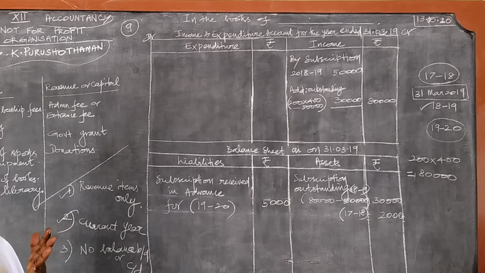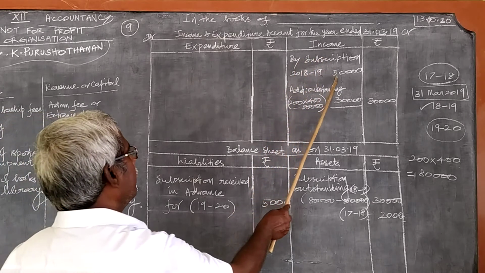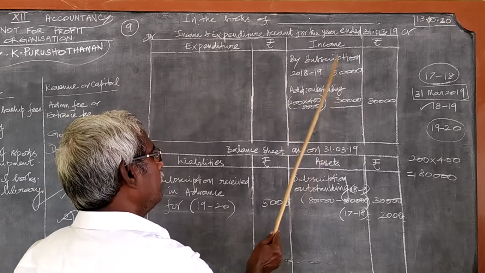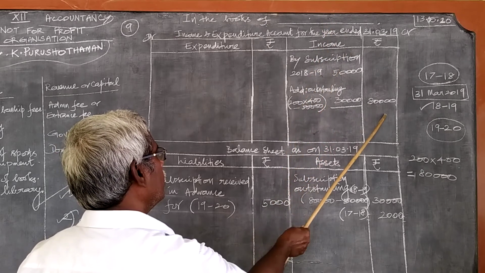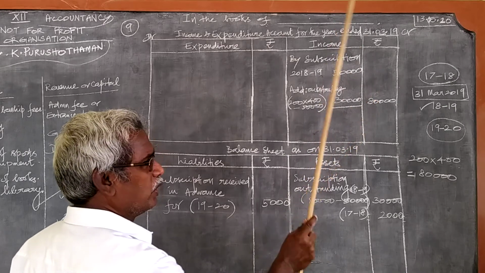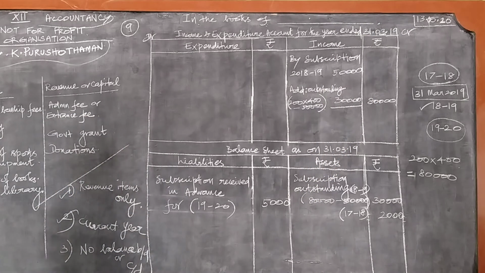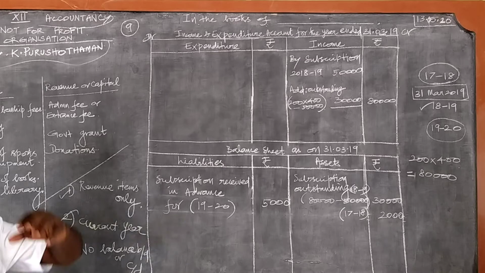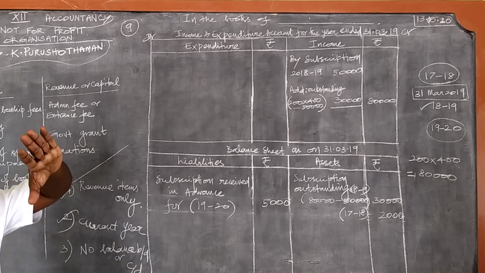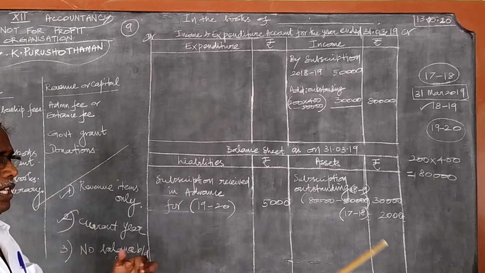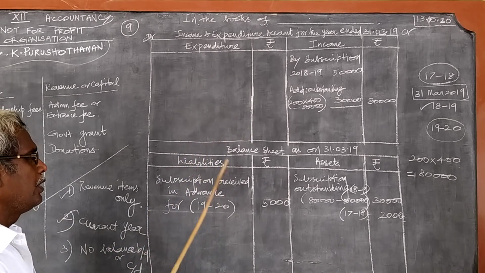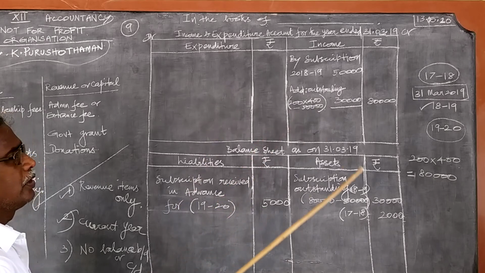As I said, whether it is received or not, this is received, this is not received, whether it is received or not received, it should be shown in the account. That's what we have shown it in the account. Okay, then since the question is balance sheet, suppose you are asked to prepare only the income and expenditure account, you can stop with that. Since the question is prepare final accounts, we should prepare the balance sheet also.